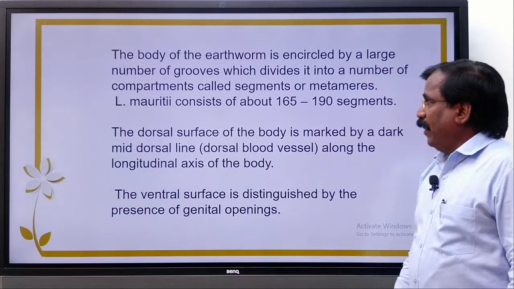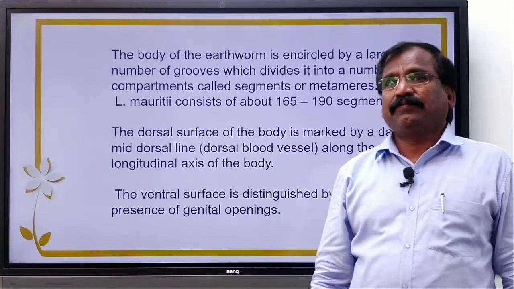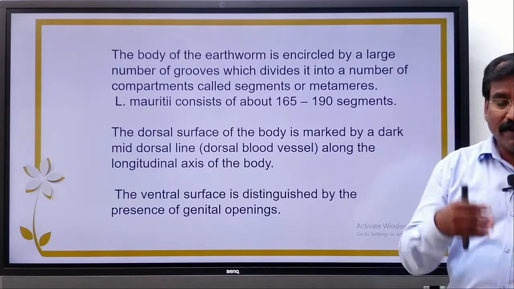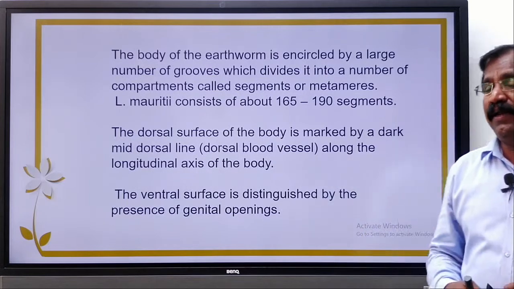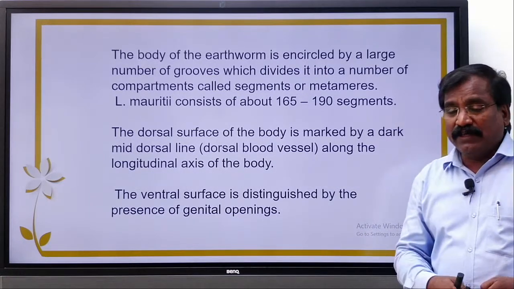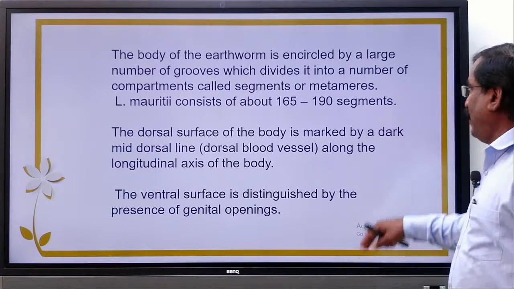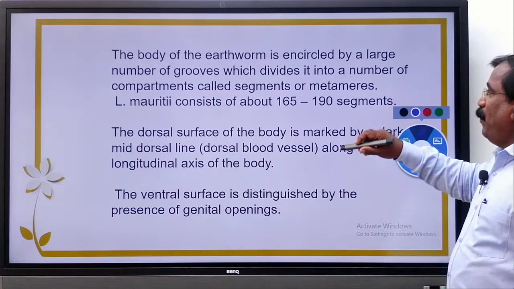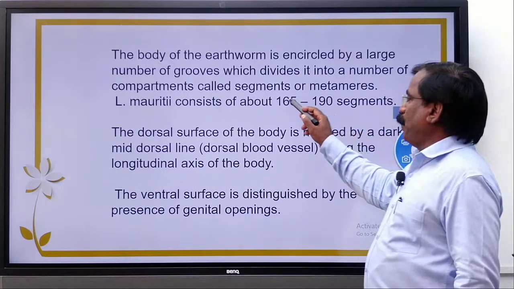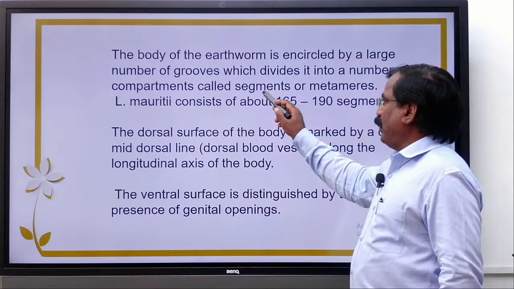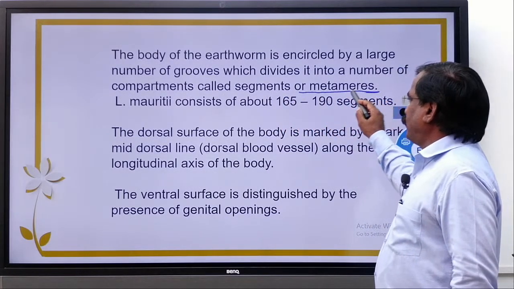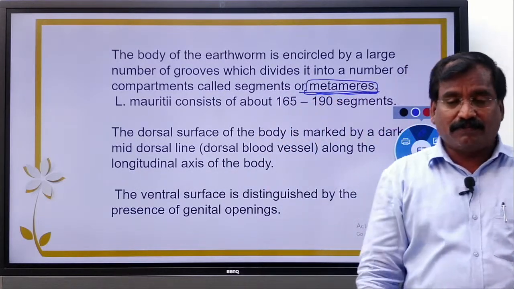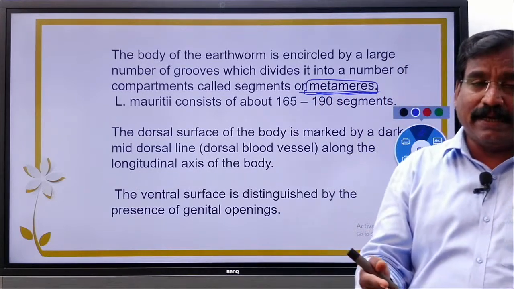Okay, and already we have discussed that the body is divided into segments, externally as well as internally segmented, and all the segments are alike. That phenomenon we already discussed in the classification: metamerically segmented, and the segments are called metameres. The body is divided into many compartments, segments which are alike.